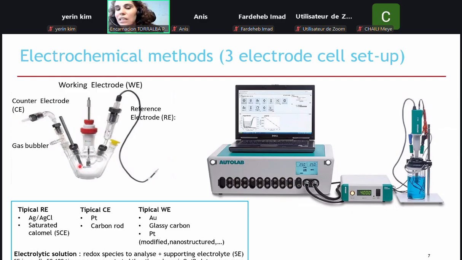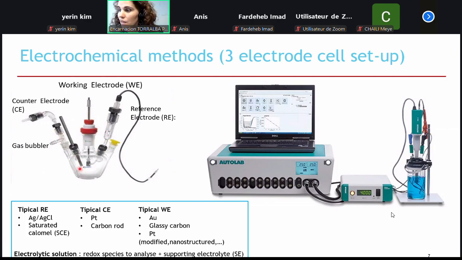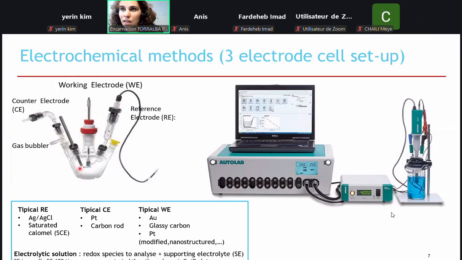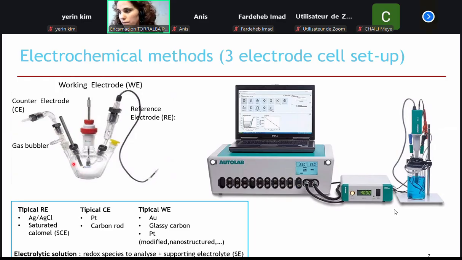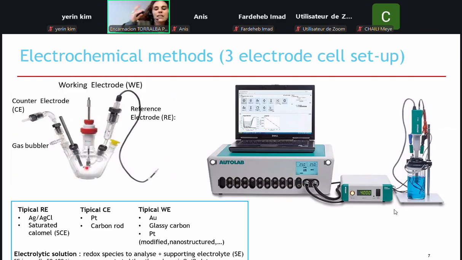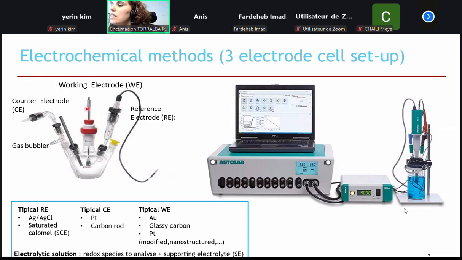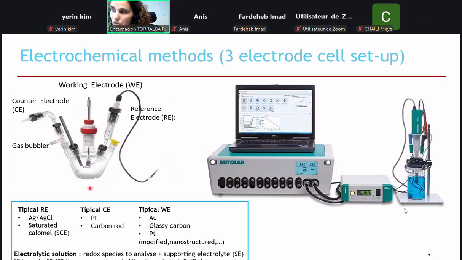Inert means that we try to use a metal that does not corrode, that conducts very well. But if in the working electrode there is a reduction, for example, if it's the cathode, in the counter electrode there should be an oxidation, because there is a reaction. If not, there is no current.